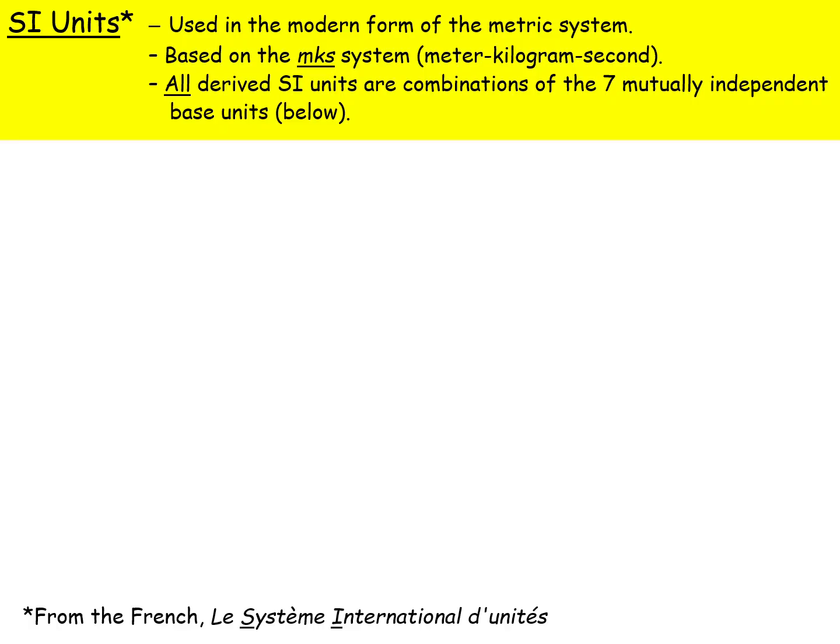And then they decided that those were too small, and then they switched to the MKS system, which is what they're currently using, which means that all of your units have to be based on meters, kilograms, and seconds. And then that way, if you have something like a Newton, you know that it is going to be a certain number of kilograms that are being moved at a certain acceleration.